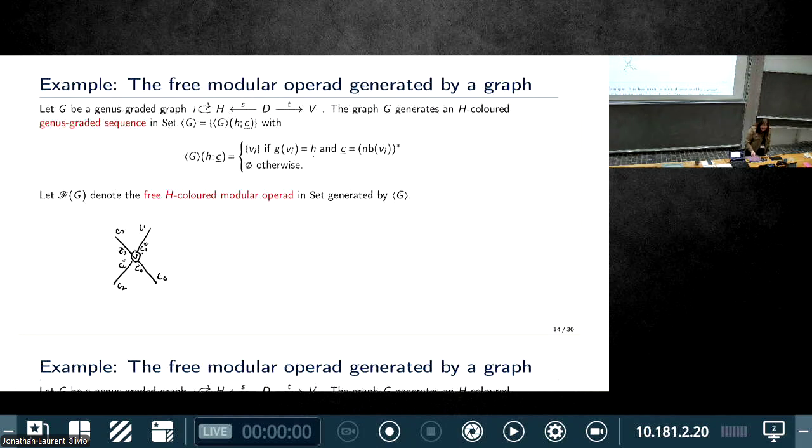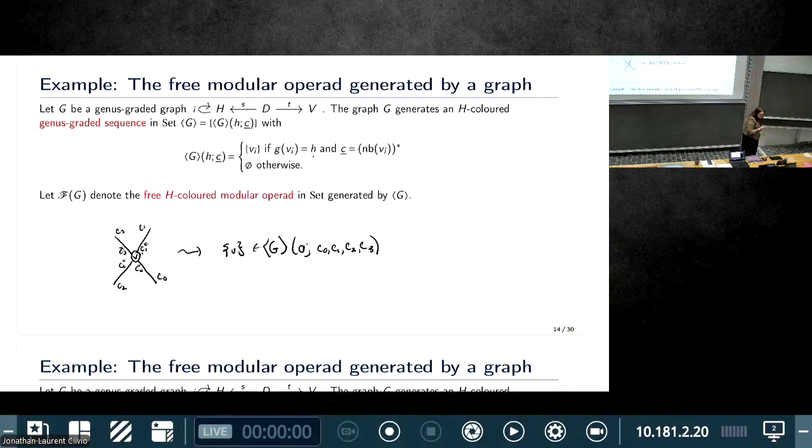Okay, so this would correspond to a single point V living in G of genus 0 with profile C0, C1, C2.